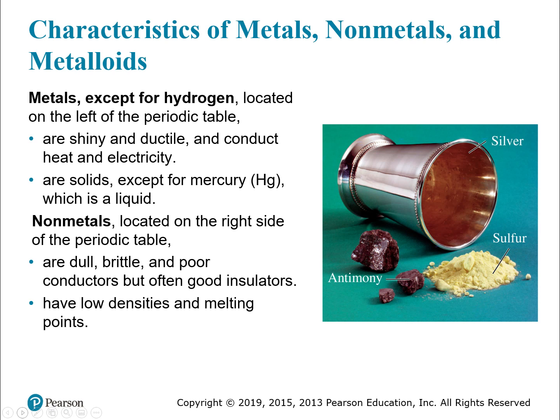The characteristics of metals and nonmetals. All the metals except for hydrogen are located on the left-hand side of the periodic table. And you'll need to know the characteristics. They're shiny, ductile. Think about a metal. Think about a coin, or if you have jewelry, anything that's made of metal. It's shiny.